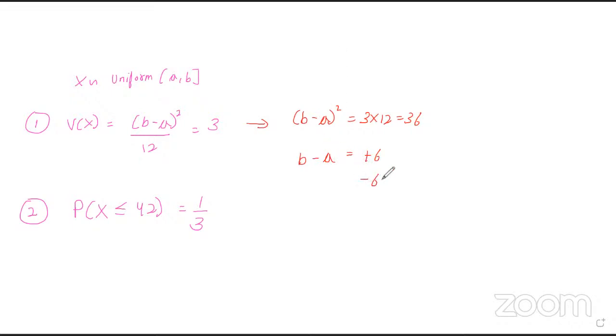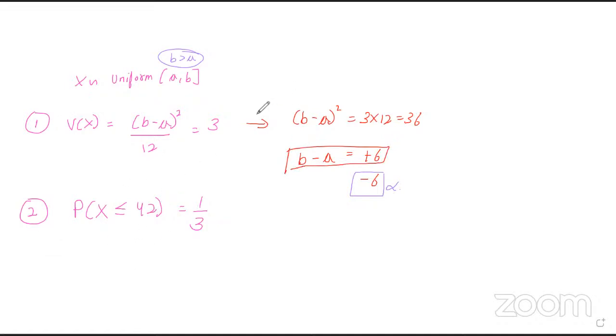But you will not consider minus 6. Why will we not consider minus 6? b is always greater than a, so their difference can never be negative. So it must be positive only. So from here we get that b minus a equals plus 6. This is our first equation.